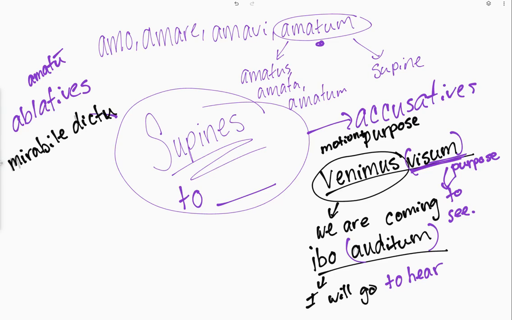It's important to note that this ablative is technically called an ablative of respect. We can translate this sentence as amazing to say. Hence, we still have this "to" form right here that we would say with the supine.